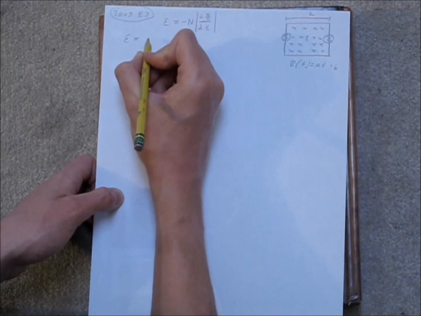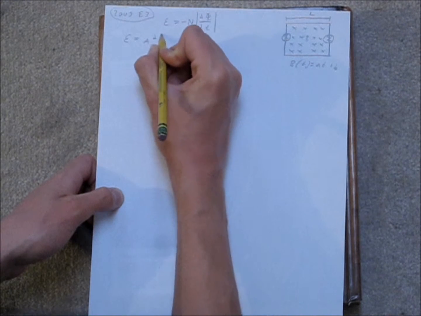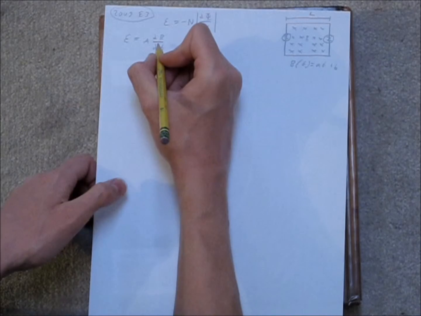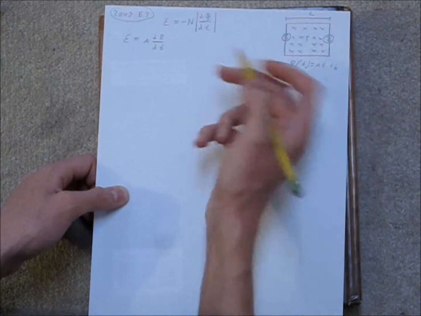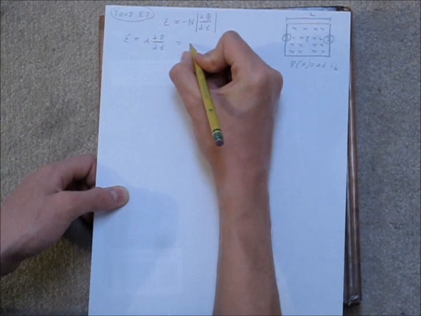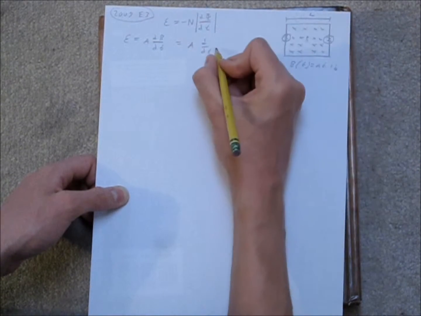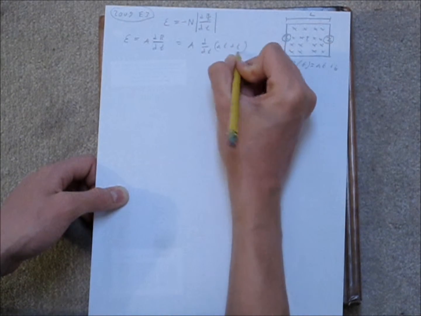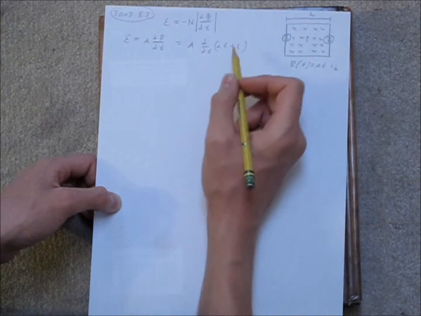EMF would equal area times change in magnetic field with respect to time. So you could literally just take that down here and plug that in. So you would get A d over dt of At plus B. If you're taking the derivative, it's simple.